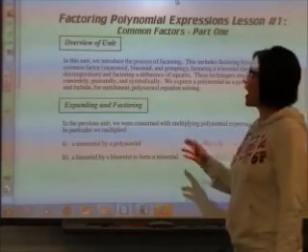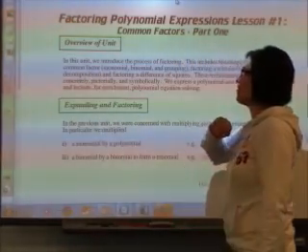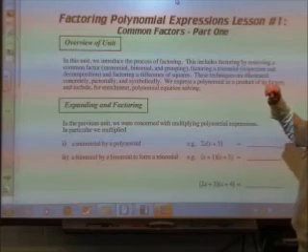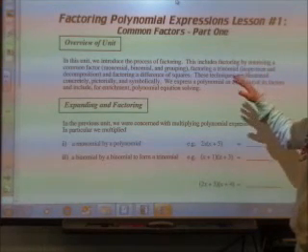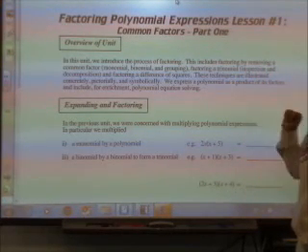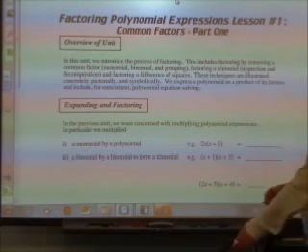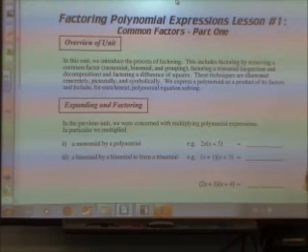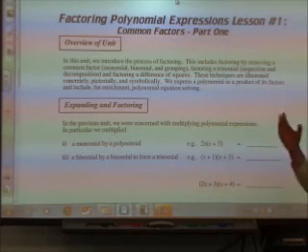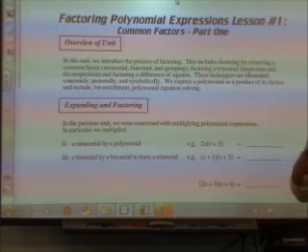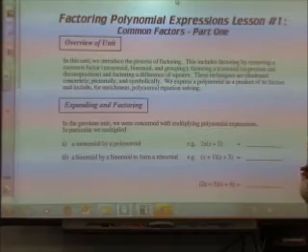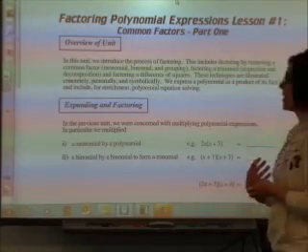So we learn how to factor by removing a common factor, factoring a trinomial using inspection and decomposition, and factoring a difference of squares. So we can express a polynomial as a product of its factors, which we can then use to solve equations involving polynomials, which is what we look at next year.